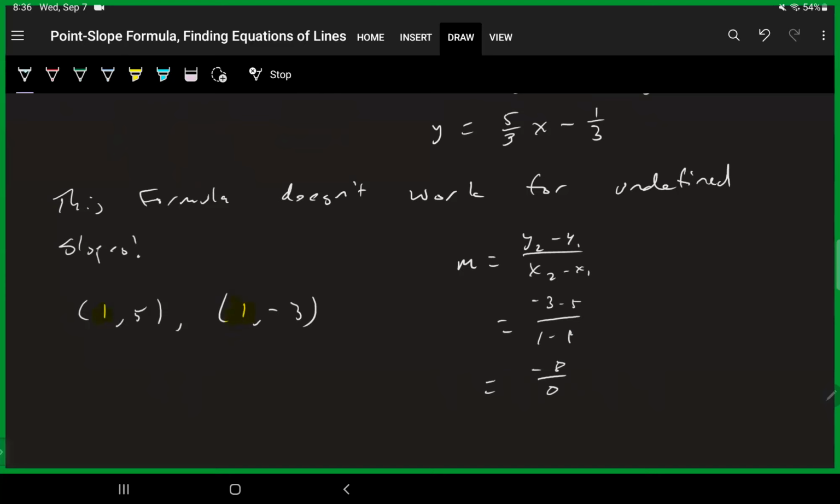So my x value is always going to be 1. So I get my equation that way. That would be my equation, and I can't get that by using the point slope formula. I have to make the observation that, hey, wait a minute, undefined slope means it's a vertical line.